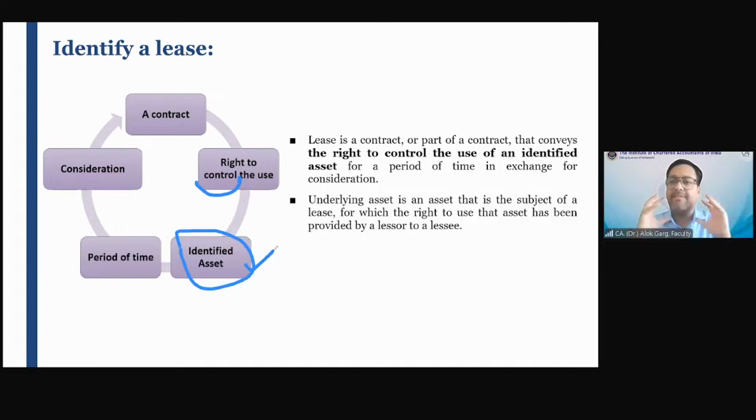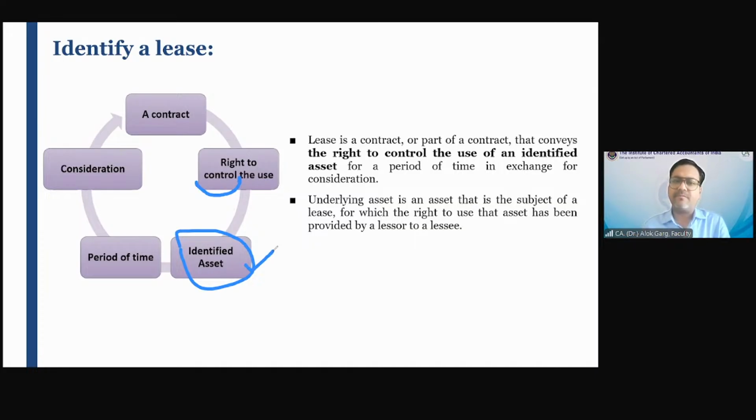It has to be over a period of time. It has to be for a consideration. And the underlying identified asset is needed. Right to control the use has to be transferred.